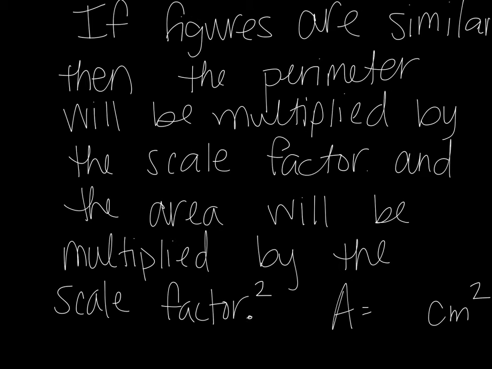So that's how we can also remember that if we're looking at two similar figures and we want to figure out what the area will be of the other one, we don't have to waste our time finding it. Tomorrow you will have to use your time finding both of them. But once we know this, then if we're doing it in our daily life, we can say, oh, well, if I find the area of the smaller one, I know I just have to multiply it by whatever it is squared. So that's how we can remember. Area would be squared, and the perimeter would just be multiplied by whatever number your scale factor was.